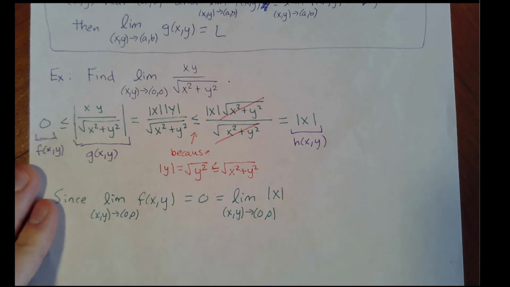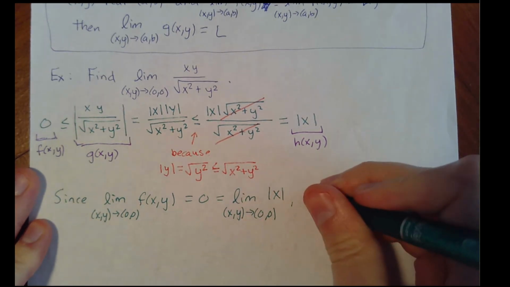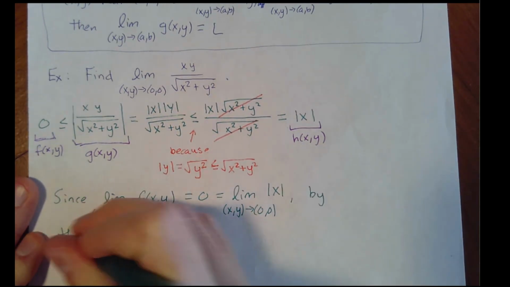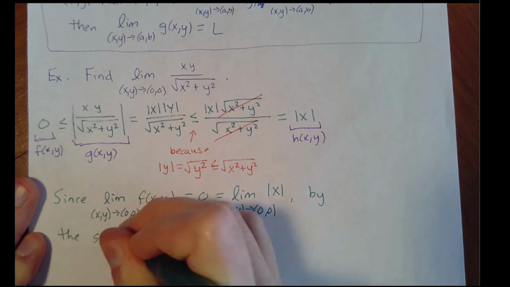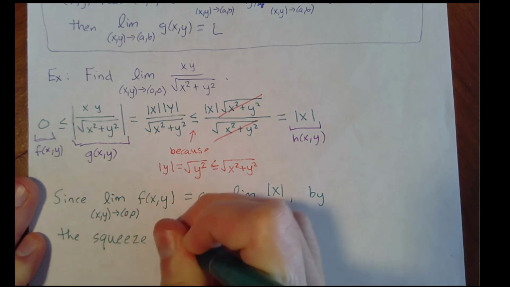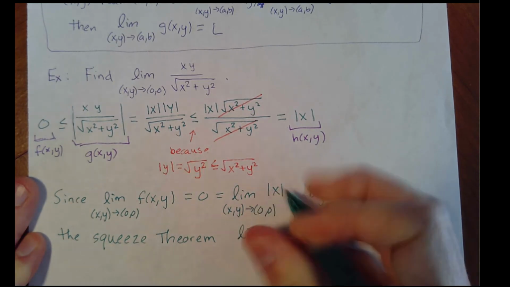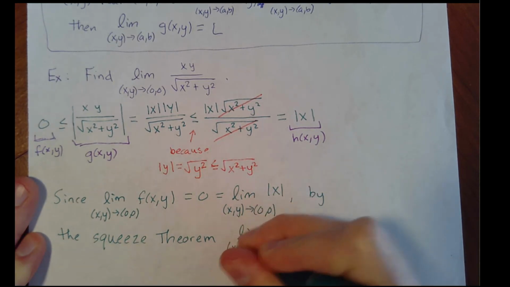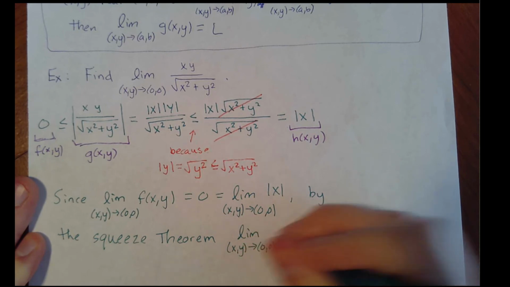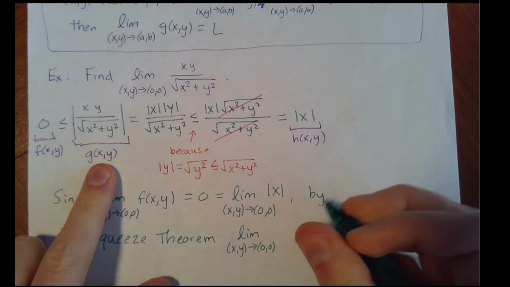So since those two limits are 0, by the squeeze theorem, we must also have the limit as xy approaches 0, 0 of our g of xy function.